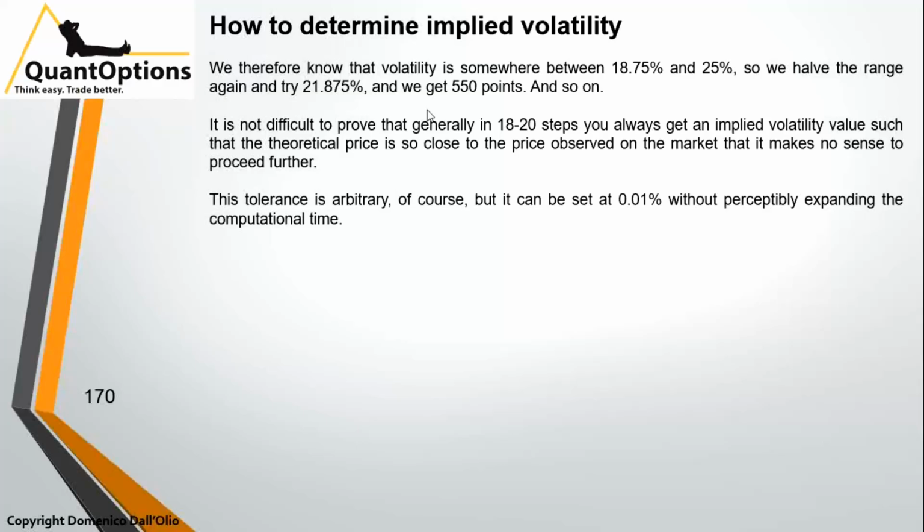It is not difficult to prove that generally in 18-20 steps, you always get an implied volatility value such that the theoretical price is so close to the price observed on the market that it makes no sense to proceed further. This tolerance is arbitrary, of course, but it can be set at 0.01% without perceptibly expanding the computational time. So this is a very efficient way to reach very fast the expected value of the implied volatility.